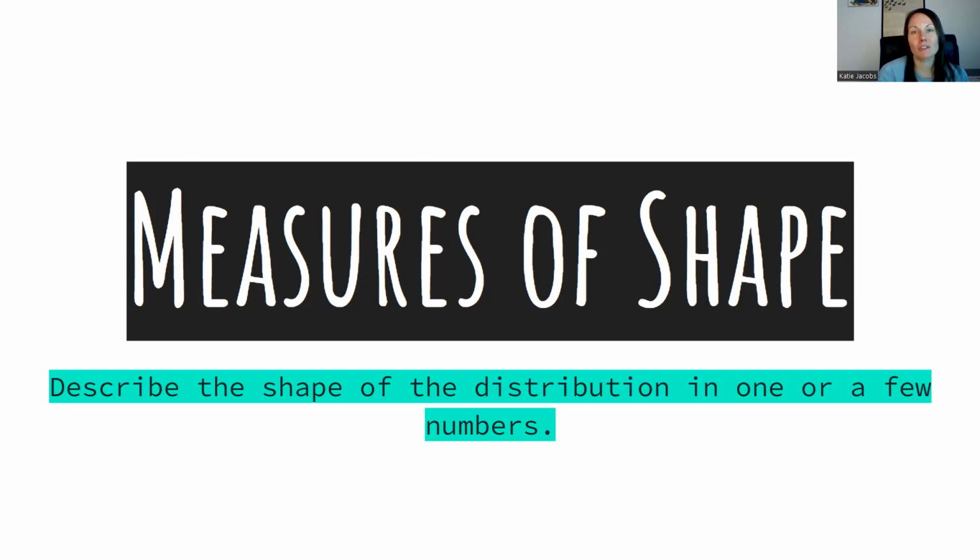Then we learned about measures of variability, where we learned about exclusive range, inclusive range, mean absolute deviation, variance, and standard deviation. And now we're moving into measures of shape, where we're going to learn about skew and kurtosis. And so when we define the branch of descriptive statistics known as measures of shape, again, that describes the shape of the distribution in one or a few numbers.